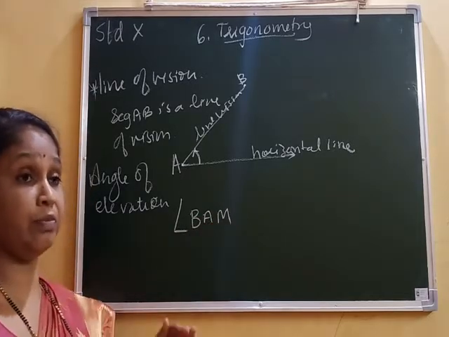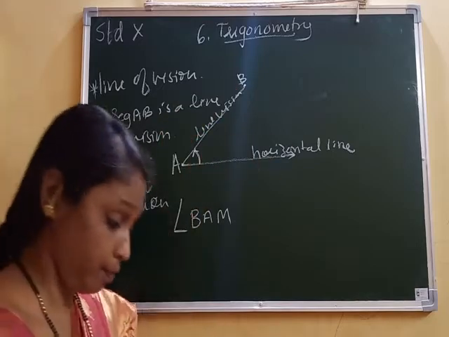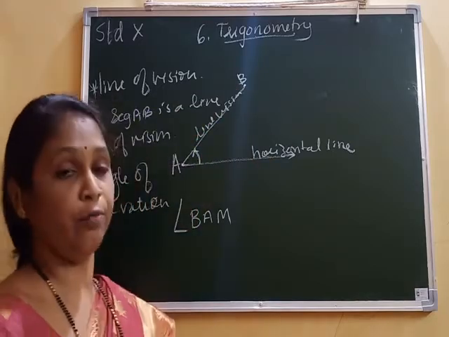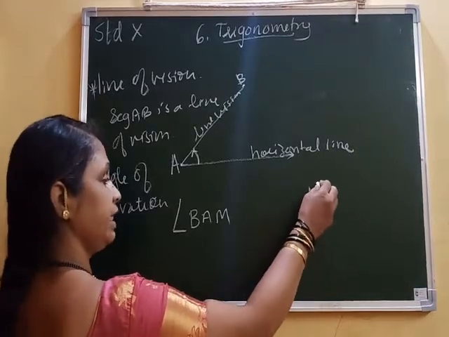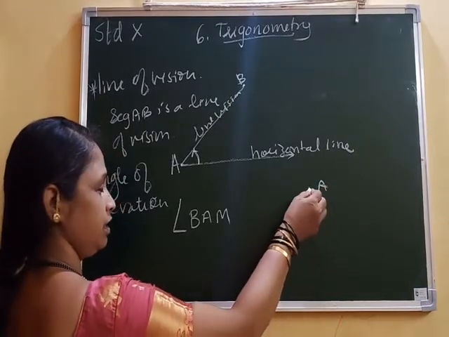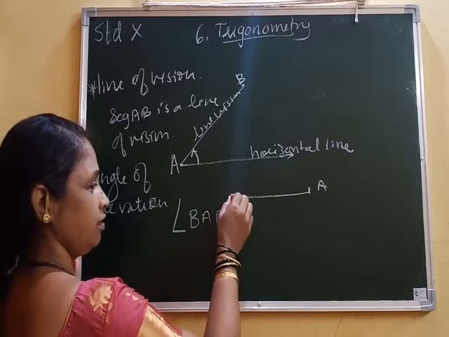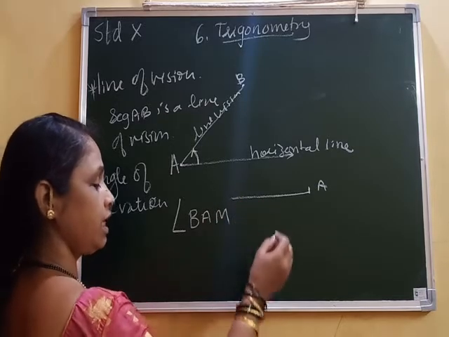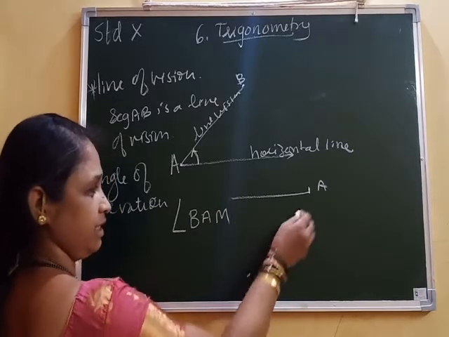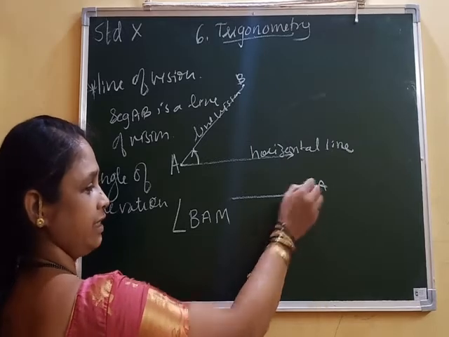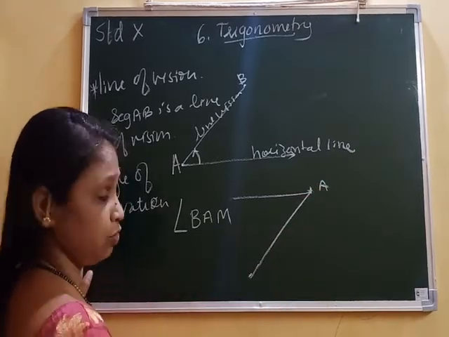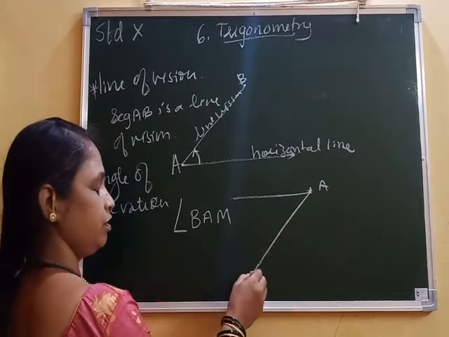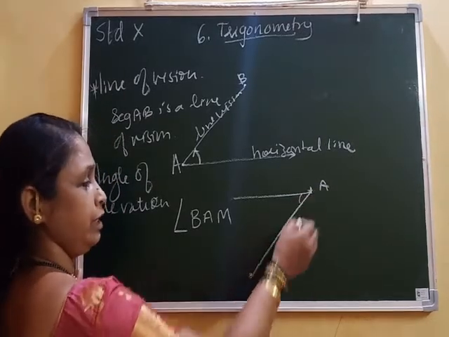Now if somebody is observing from the top and looking at the bottom, in this case A is the observer, and he observes at B, looking like this. This will be the angle of depression.